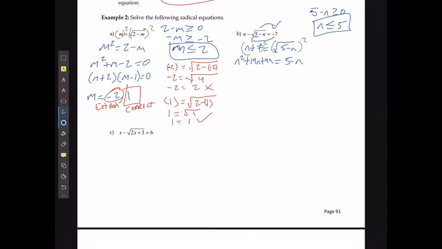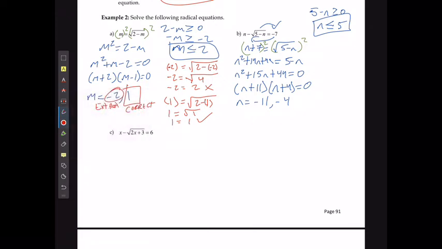When I move everything together on one side of the equation, I have n squared plus 15n plus 44 is equal to 0. Or I can say that n plus 11 and n plus 4 are equal to 0. So n can either equal -11 or -4.